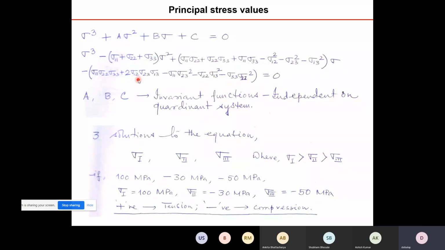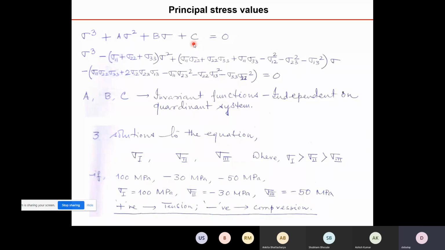This is C. And remember, these coefficients A, B, C are called invariants, stress invariants.